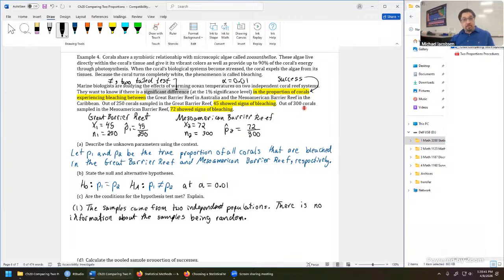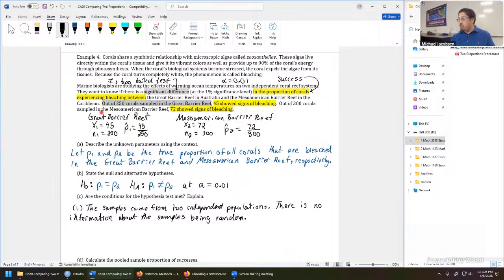If there was more information in this context that told us they went to the Great Barrier Reef, parked a boat, sent a dive team out, and just counted the first 250 corals nearby, we would have said that's not a random sample. That's a convenience sample. They just went to a spot and counted all the corals right next to that one location. So if they said that in the problem, we would say not a simple random sample at all.